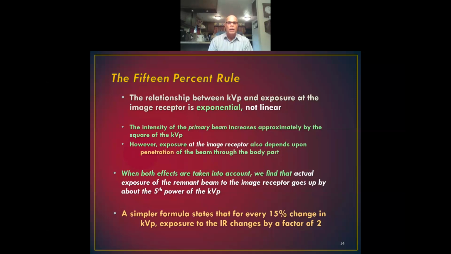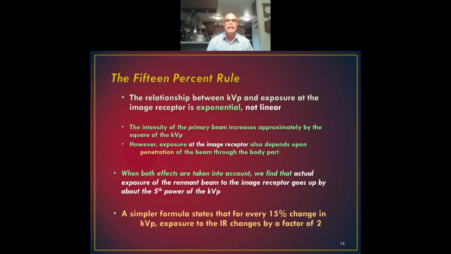That's a little hard concept to understand, and it does give you some more clarification on the page as you do your reading. But it talks about the intensity of the primary beam increasing approximately by the square of the kVp. However, exposure at the image receptor also depends upon penetration of the beam through the body. Now let me read those two bullets over again.